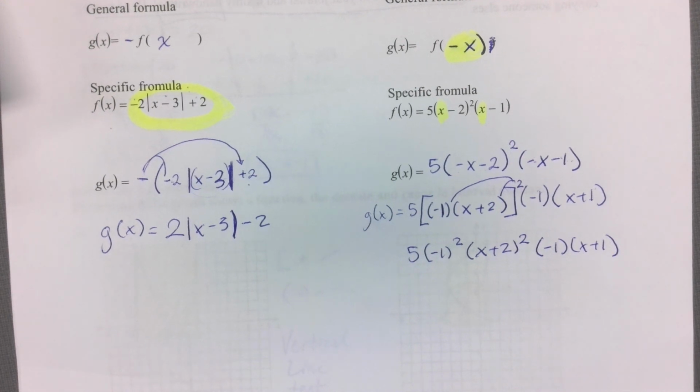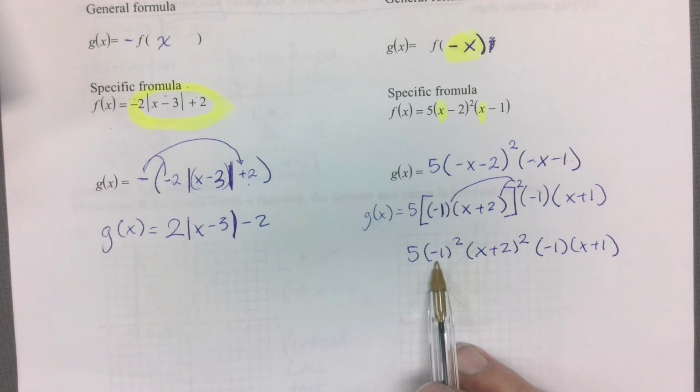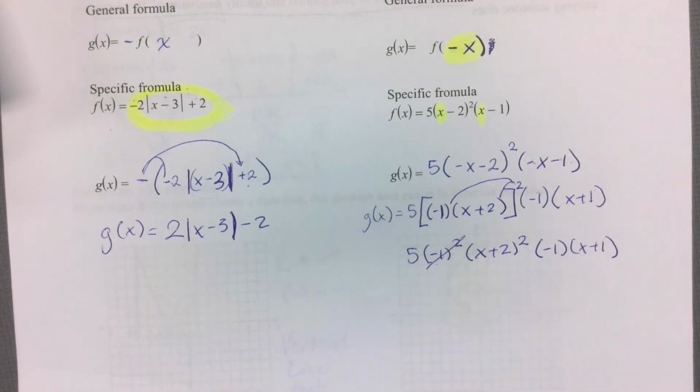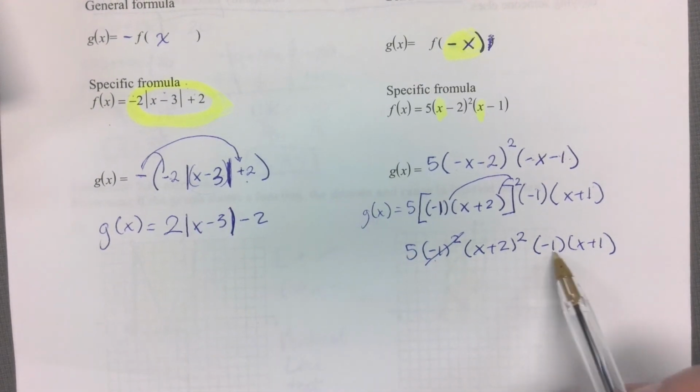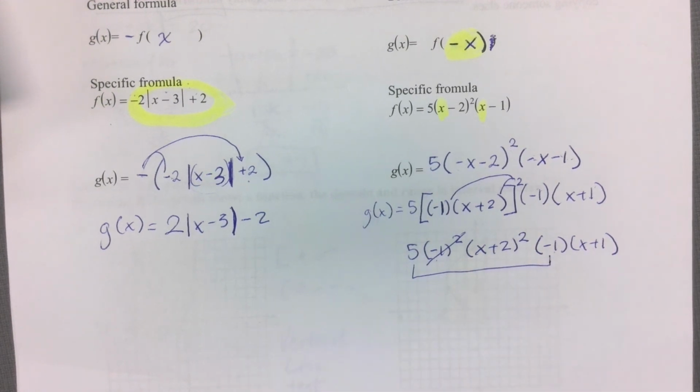What is -1 squared? Nope. What's -1 times -1? +1. I'm just going to put this -1 with the 5. What's -1 times 5? Almost. Thank you.